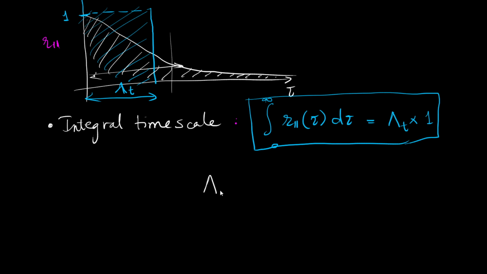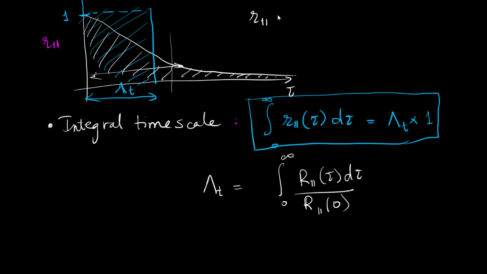You could also write this as lambda t is equal to integral 0 to infinity of R11 of tau, divided by R11 of 0. By definition, this is the normalization that one uses for autocorrelation, that is R11 of tau is equal to R11 of tau divided by R11 of 0.